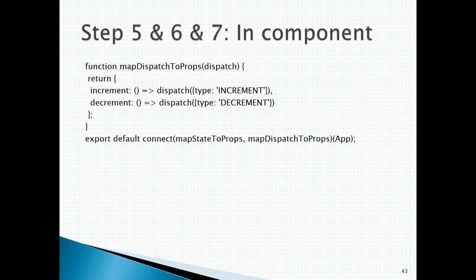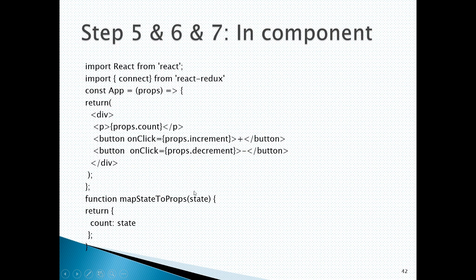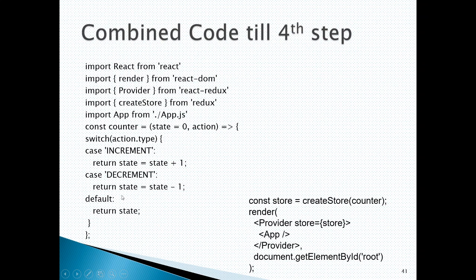The store is part of your application. You use the dispatch, you have used mapDispatchToProps, you have used mapStateToProps, and you have also used connect. And before that you implemented the reducer function, you created the store. So you have implemented all the concepts of Redux using these few lines of code.